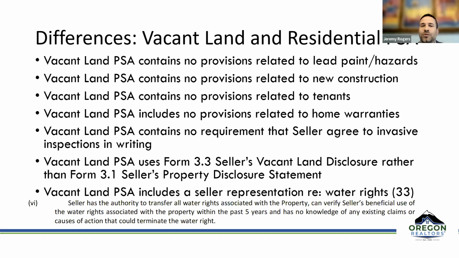If the actual dwelling unit that was on it is destroyed and is no longer there, you would still use the vacant land sale agreement because there's no dwelling unit on it. Just the fact that it's set up for a dwelling unit because of the septic and electrical does not mean it has a dwelling unit, and therefore does not make it subject to the residential document. You'd still use the vacant land document.